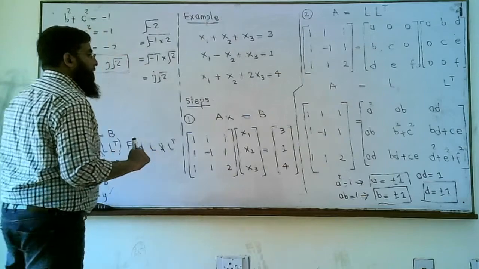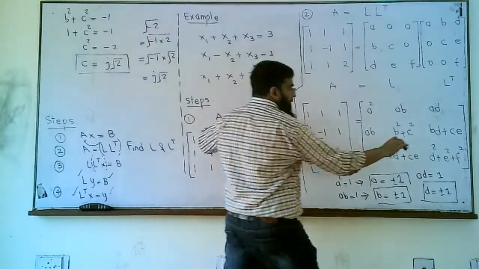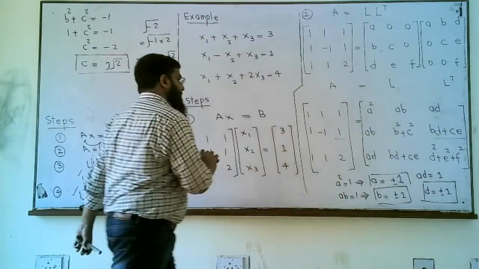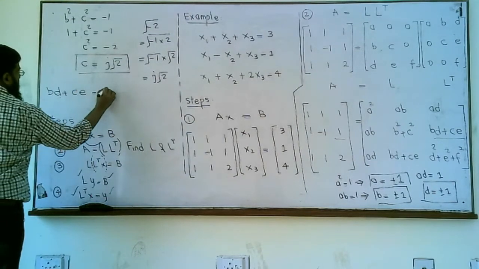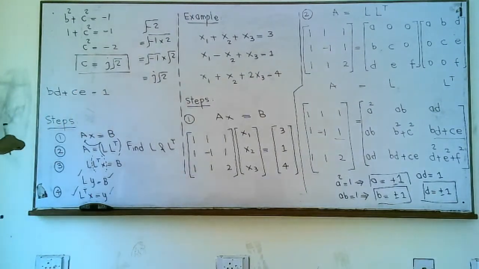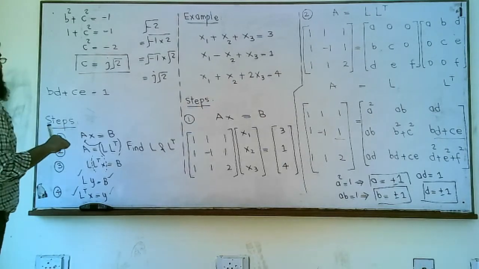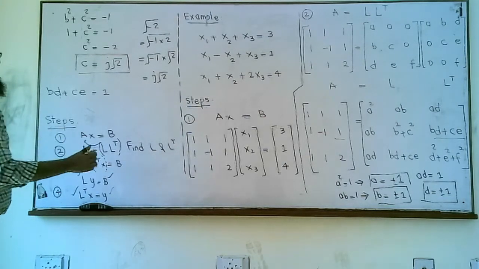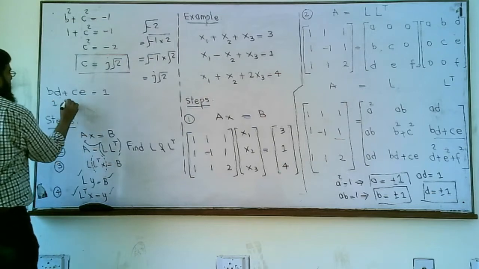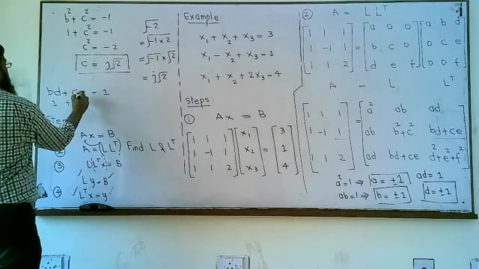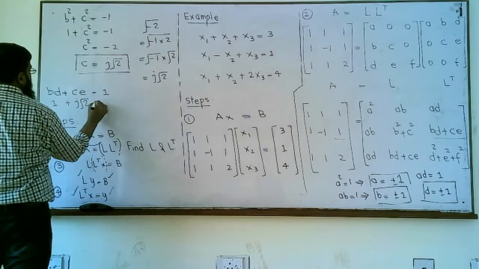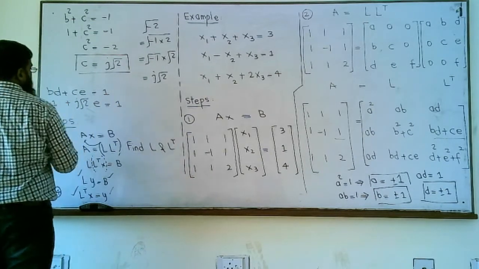B D plus C E is 1. Right, so B D plus C E is 1. B is plus minus 1, D is plus minus 1. Multiplying these two will result in 1, plus C E, where C is j square root of 2 times E, is 1.